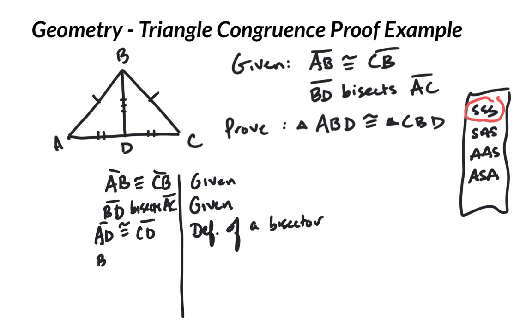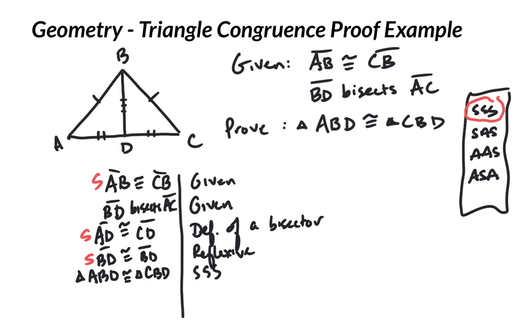And of course, we've got to say that BD is congruent to BD by the reflexive property. So here again, we established a side, another side, and the third side in our proof. So I can say that the two triangles are congruent by side, side, side.